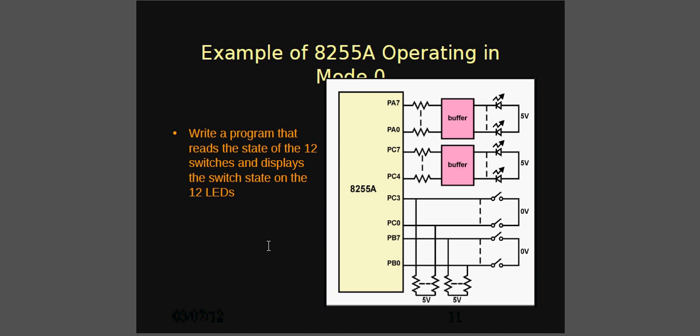Okay, this is another example of how we can make port A and port C the output, where we connect it to the LED, and here the lower port C and port B are connected to the switch where we will control the LED.